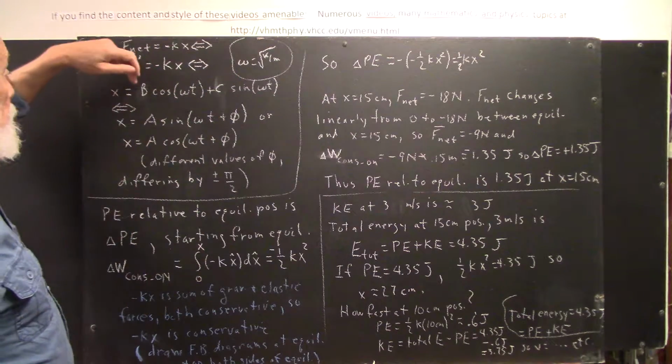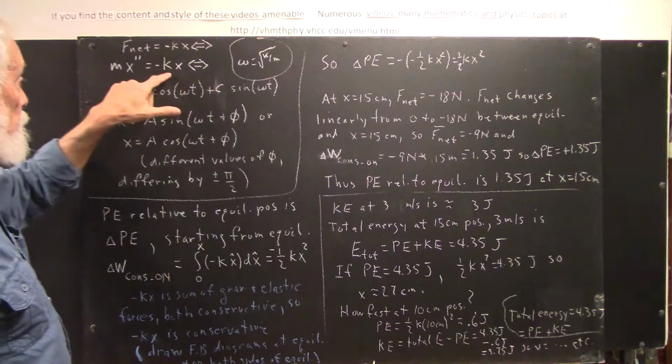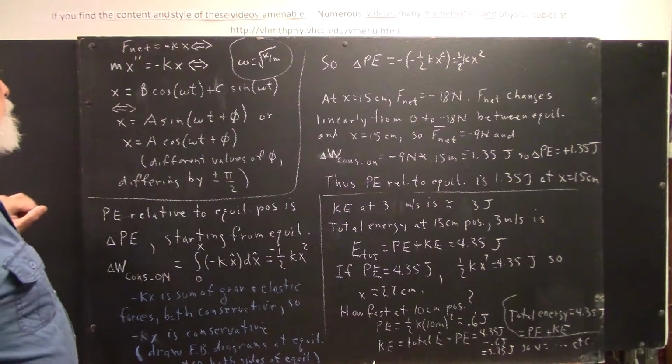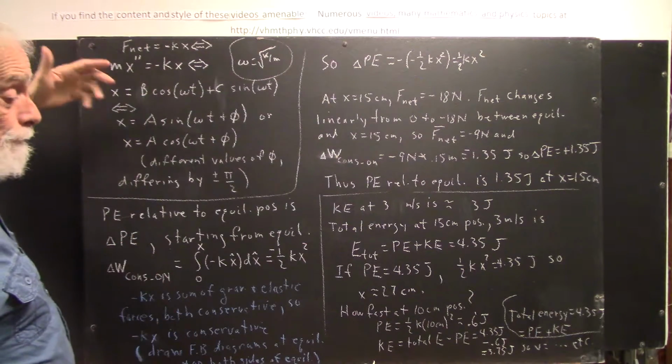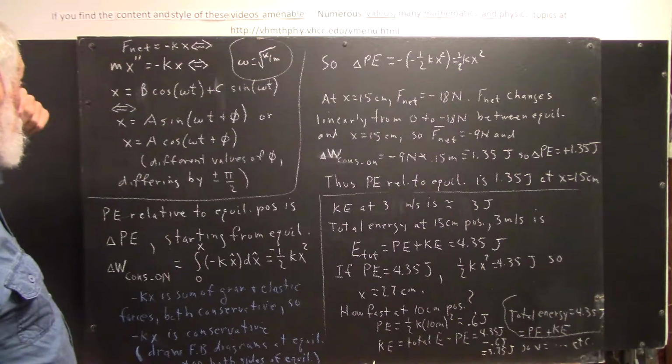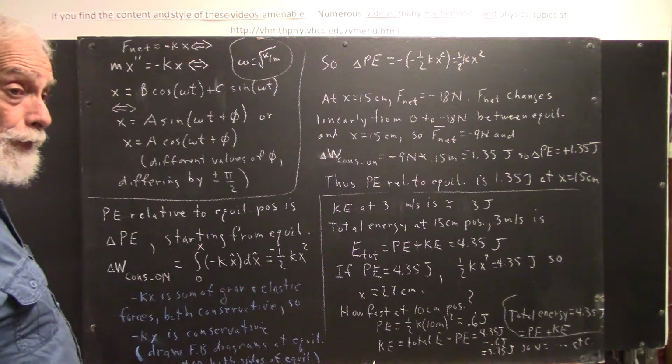Okay, well, b and c are arbitrary constants. Omega is also a constant, but it's equal to the square root of k over m. Okay, well, and of course m is the mass that's oscillating in simple harmonic motion. Right there is a position function, position as a function of time.